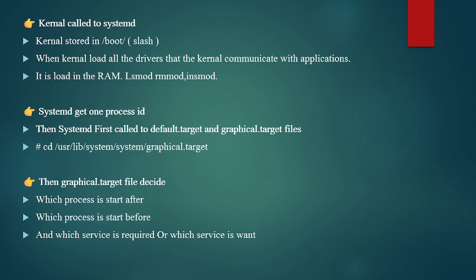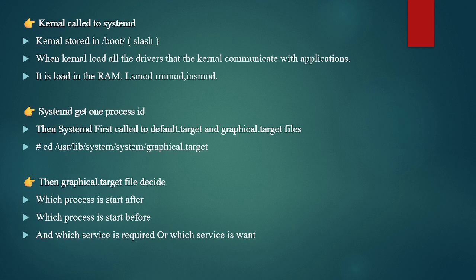Then systemd gets one process ID. When the kernel calls systemd, systemd gets one process ID. Then systemd first calls the default.target and graphical.target files.